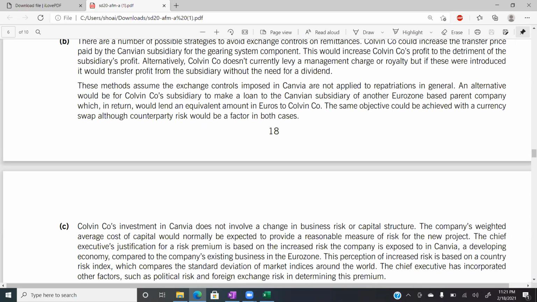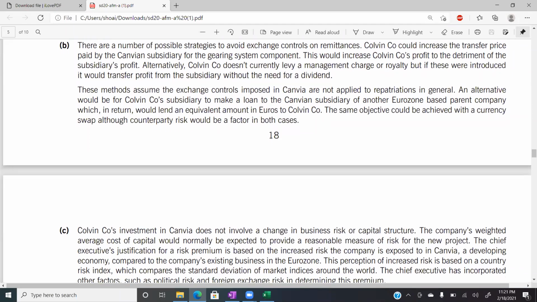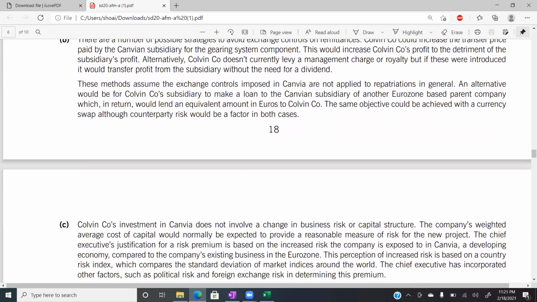An alternative would be for the Colvin company subsidiary, which is in Canvia, to make a loan to the Canvian subsidiary of another Eurozone. Okay.